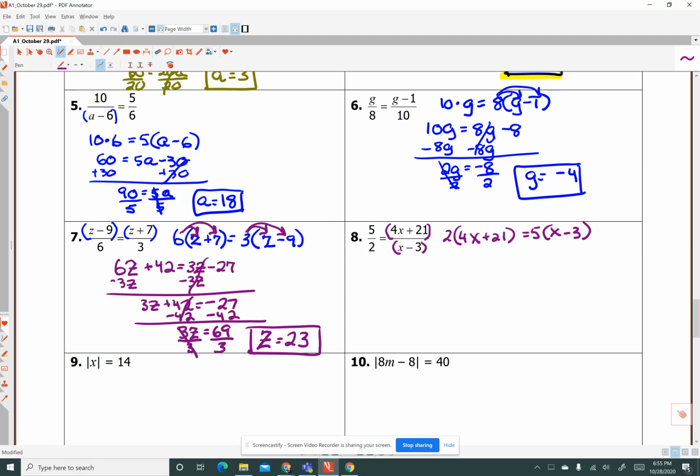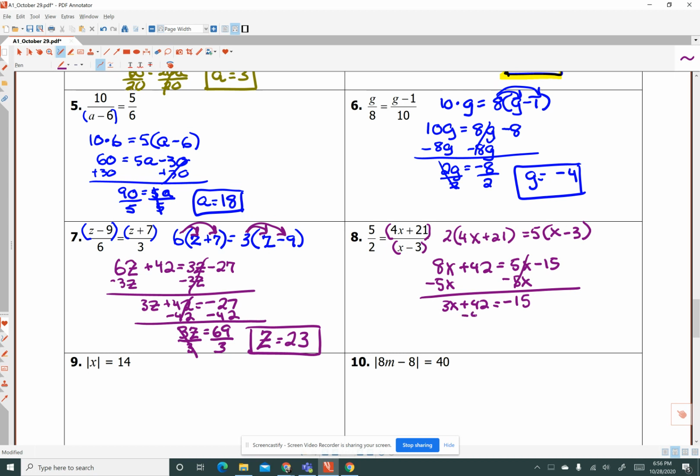So this will give us, when we distribute, 8x plus 42 equals 5x minus 15. And we will subtract 5x from both sides. And that will give us 3x plus 42 equals negative 15.